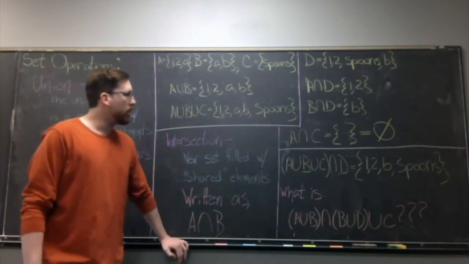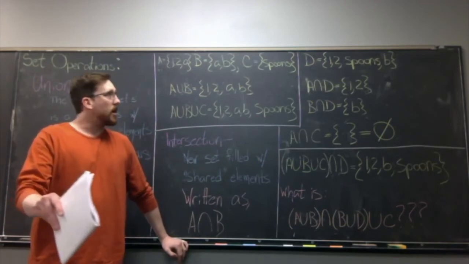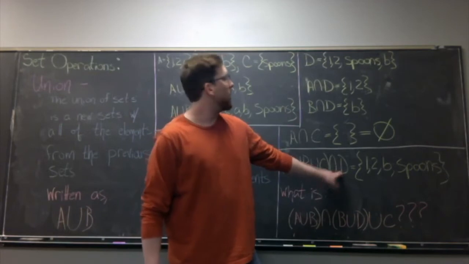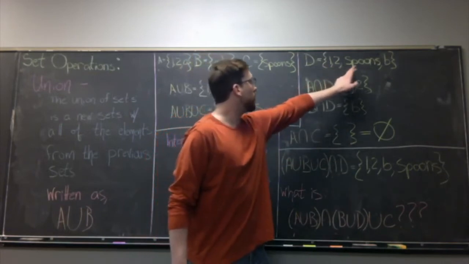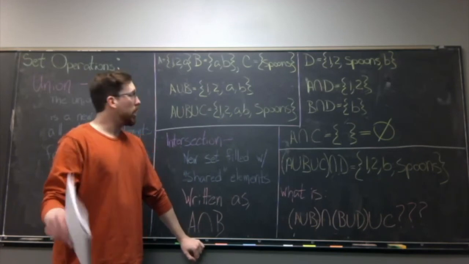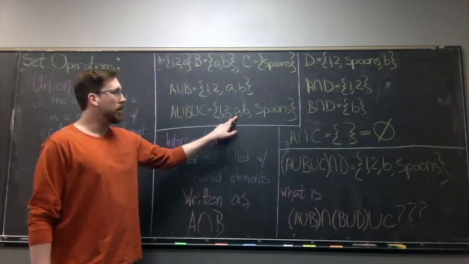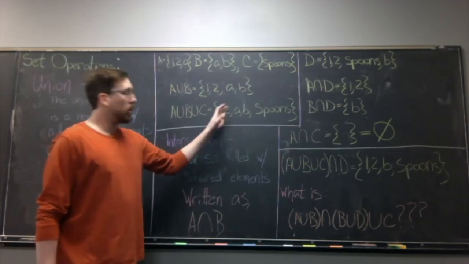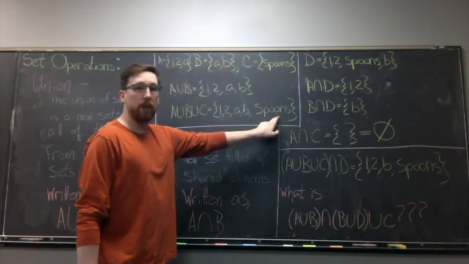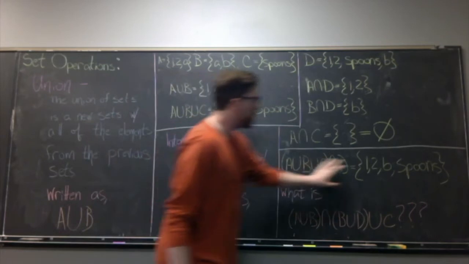Cool. Now we're taking that intersection with the set D, which has 1, 2, spoons, and b. Notice the only element it doesn't share is a. So we're going to get 1, 2, b, and spoons back. And that's what we got here.